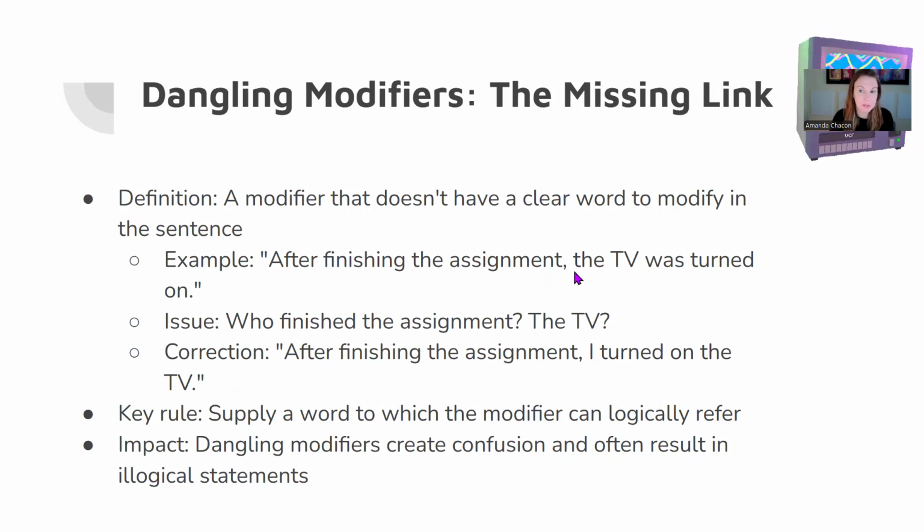So are we saying the TV finished the assignment? No, we're probably saying I turned on the TV or something like that. Plus the passive voice here is not the best choice. Active voice is always better. So to correct it, we would say, after finishing the assignment, I turned on the TV. So we correctly modified the word I, and we also changed it to active voice.